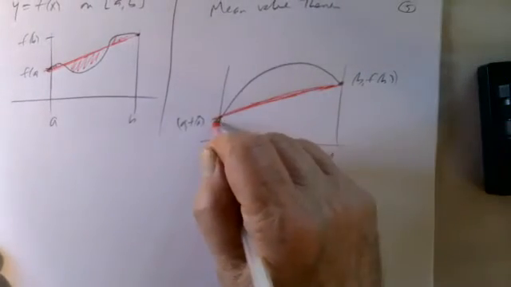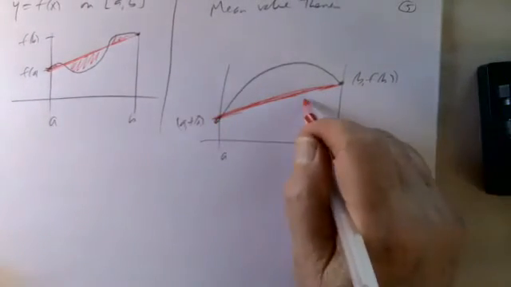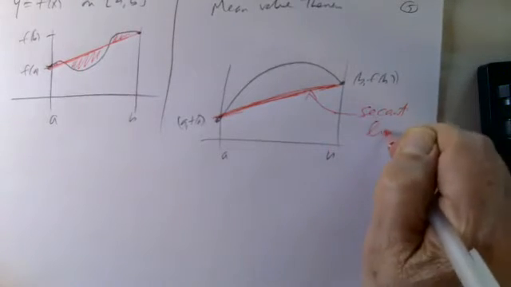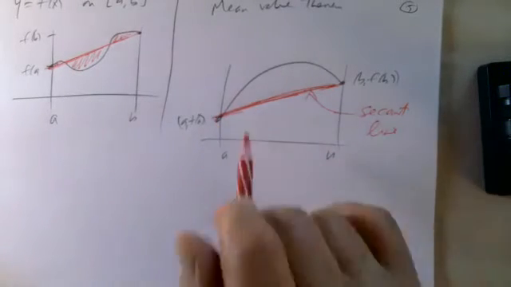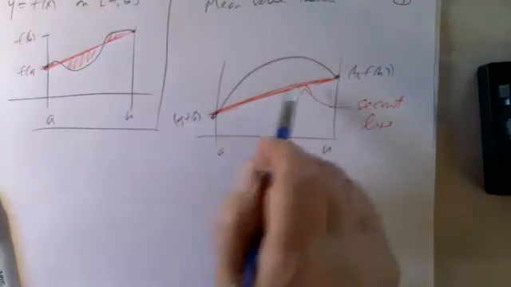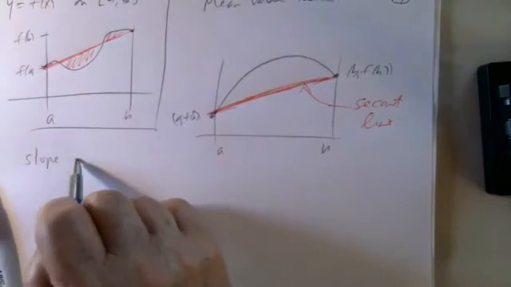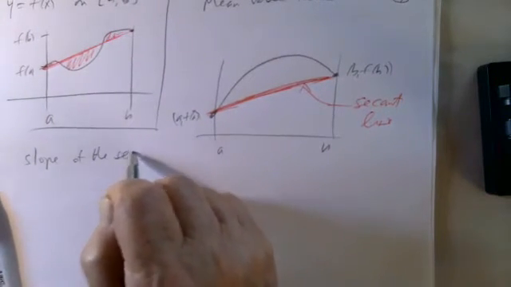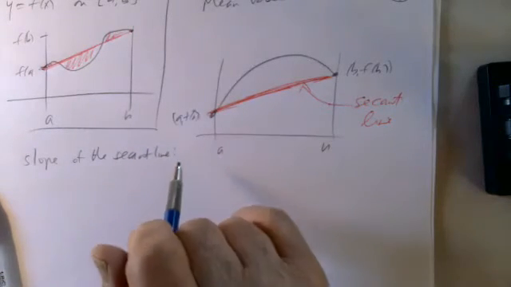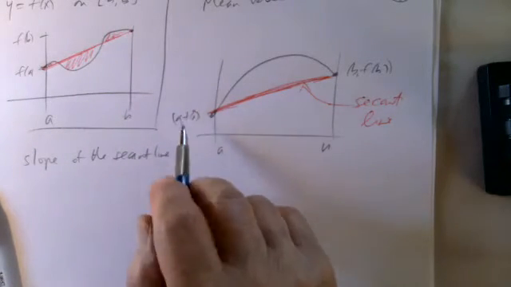Draw the straight line between those 2 points. This kind of line is called the secant line. It's just a line joining 2 points on a curve. And what is the slope of the secant line? It's rise over run.